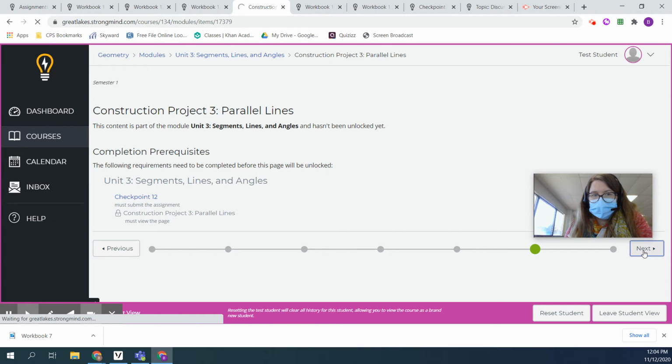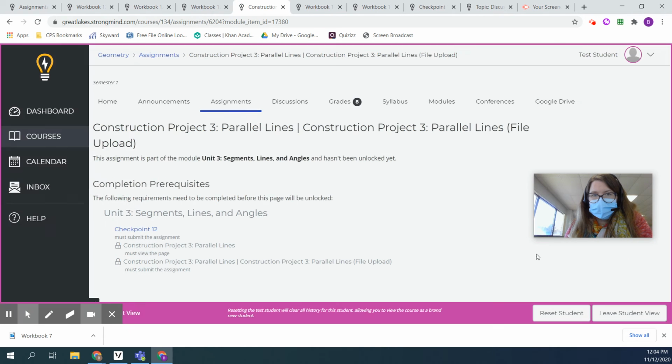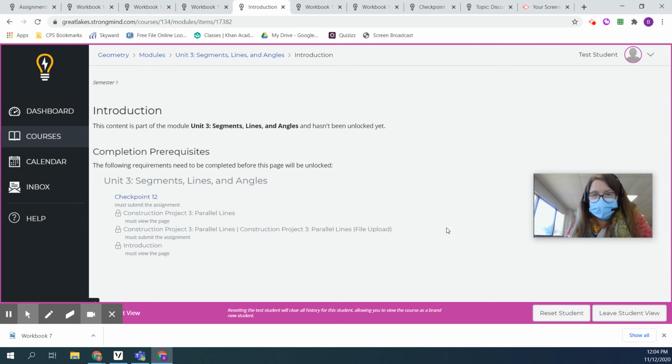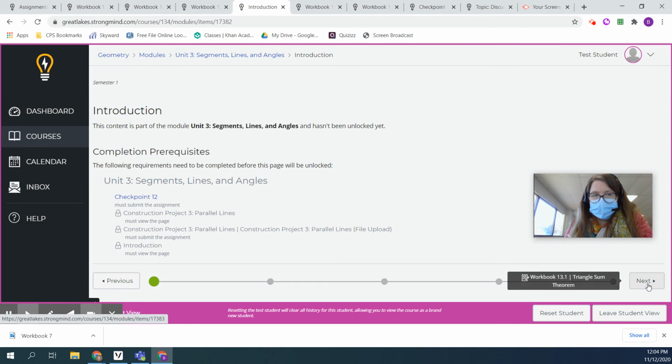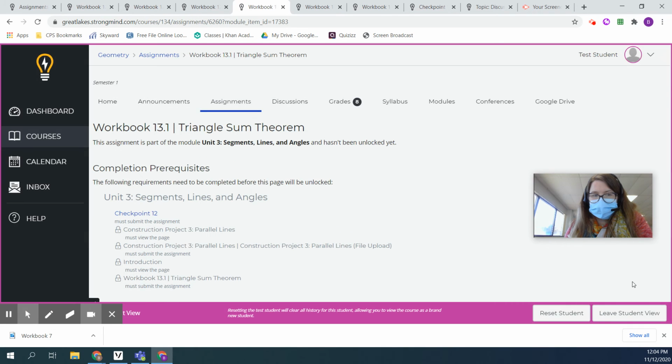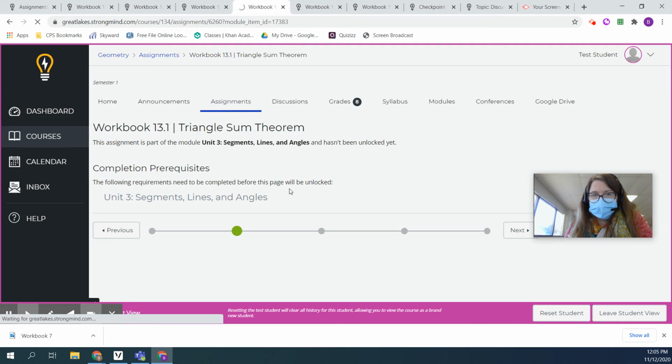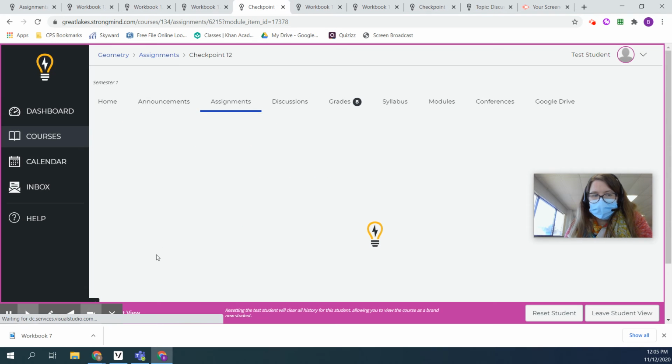And the construction was excused. So we're just going to keep on pushing next through here until it gets unexcused, I guess you could say. Notice I'm just going to keep on pushing next. Oh, it says I'm supposed to do checkpoint 12. That's what I'm trying to do. I'm going to have to edit that part.